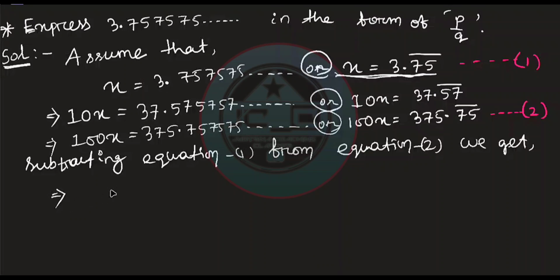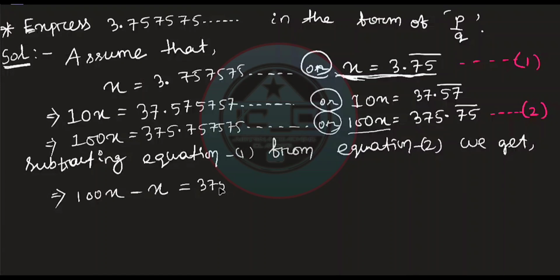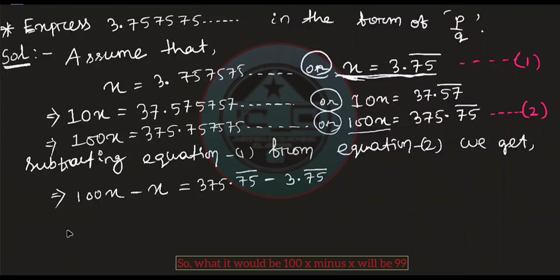The left hand side of equation 2 is 100x and the left hand side of equation 1 is x, so 100x minus x would be equal to the right hand side of equation 2, 375.75 bar, minus 3.75 bar.